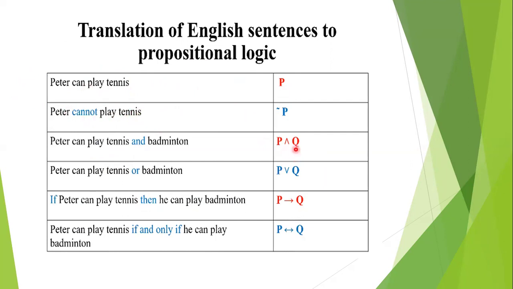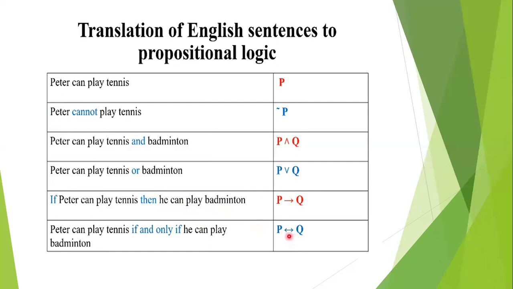Next is the AND gate, where I combine the P statement with another statement: Peter can play tennis and badminton. Next is the OR gate: Peter can play tennis or badminton. Next is the if-then condition: if Peter can play tennis, then he can play badminton.